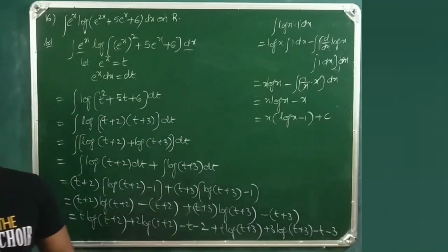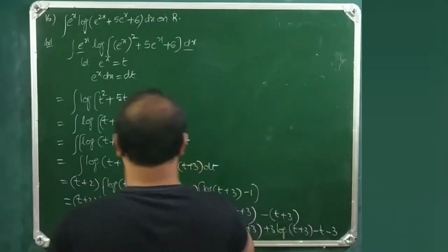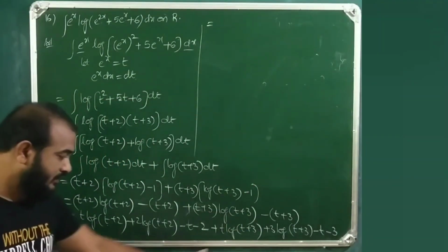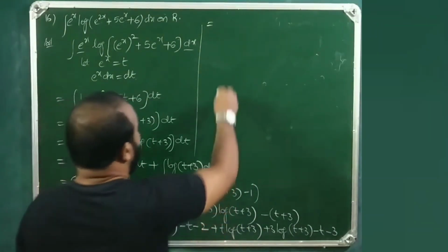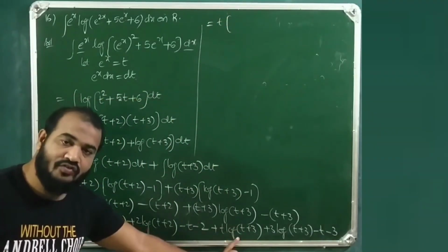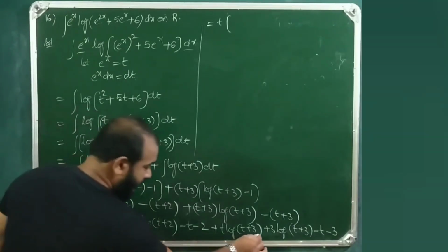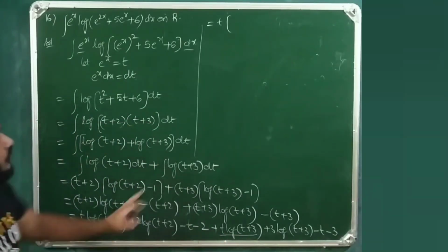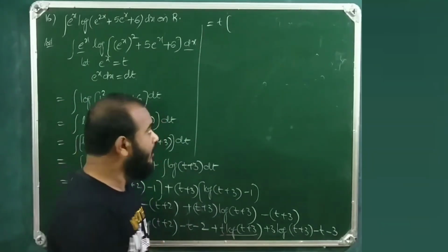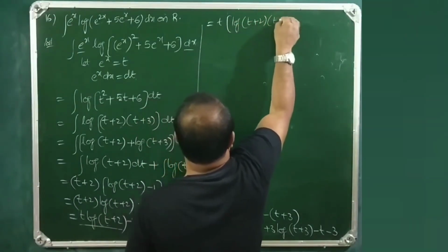So this is equal to t log(t+2) plus t log(t+3). Take t in common. Then log a plus log b is log ab. So here and here I have taken t as common. So t if I take common, then this is log a plus log b, log ab. So this is log((t+2)(t+3)).